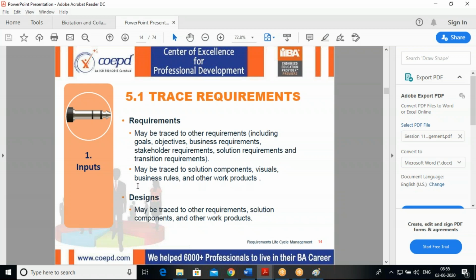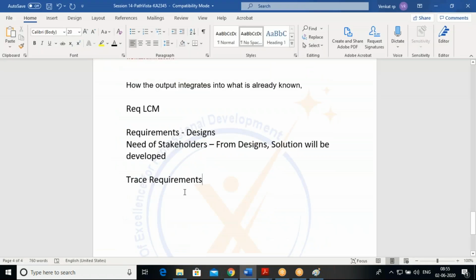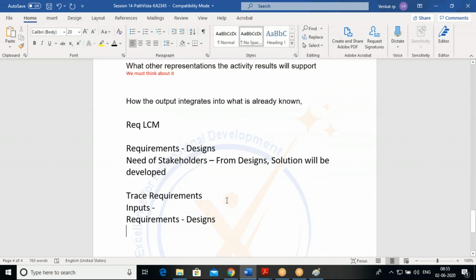So the inputs for trace requirements would be both requirements and designs. Let us try to understand the case study.